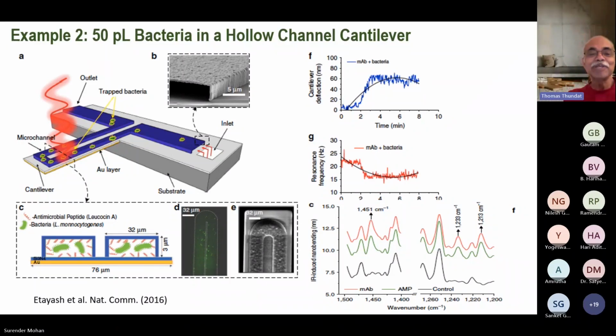So the peptide is coated inside the channel, and you send the bacteria, which get trapped. So it's basically enriching the number of bacteria. The more you pass the liquid, more and more bacteria will get stuck inside. Now you can look at their mass, and their change in energy by looking at the bending, the adsorption energy. You can also shine different wavelengths, and the bottom part shows a C on the left side, right side.